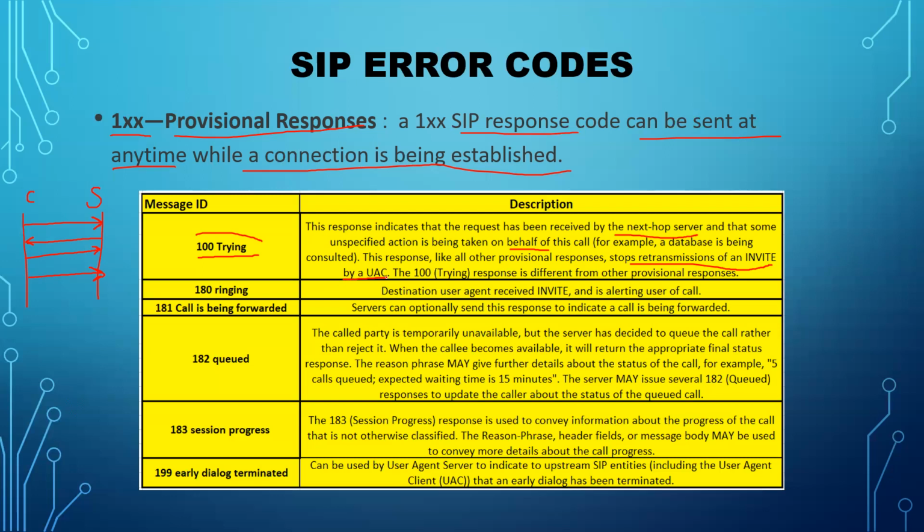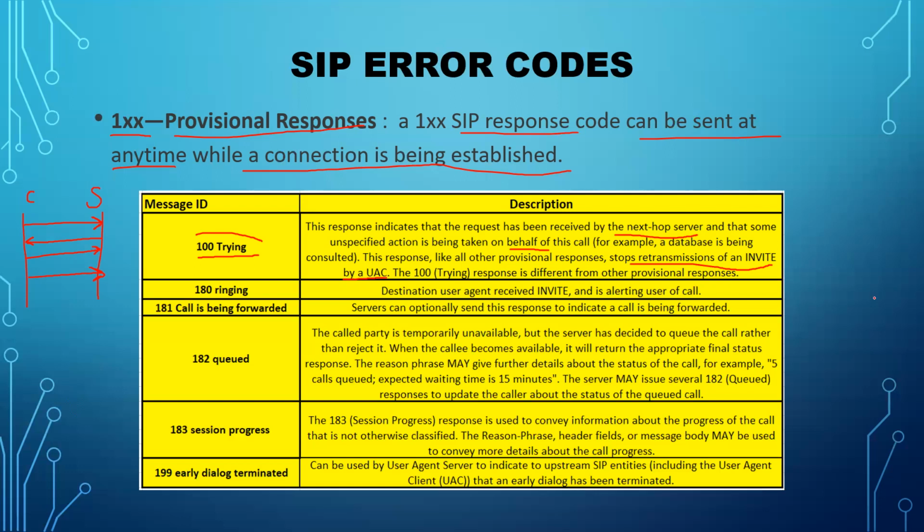But if you are not getting a 100 Trying message from the server, it will again send the INVITE message after some interval of time, which is already mentioned by default. If you're not getting 100 Trying after this much time, I will be sending the INVITE message again, right?